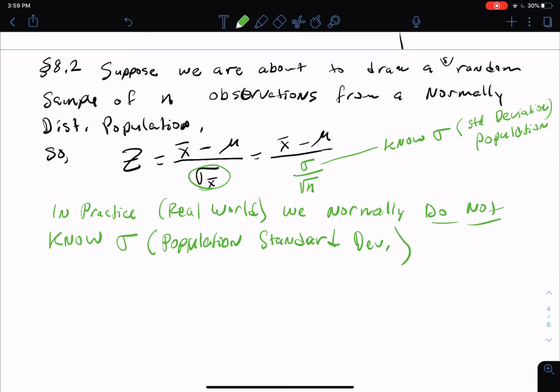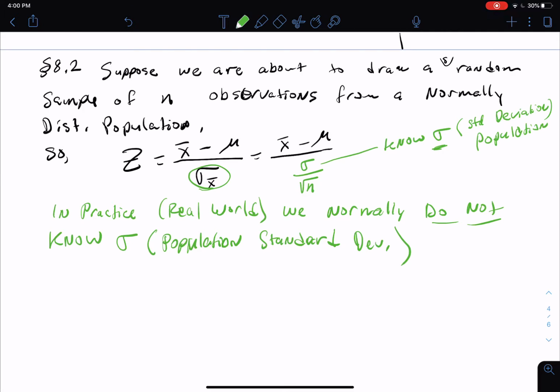If the population is so huge, like all males in the world, too huge to find our mu, it's probably also too large to find our population standard deviation. So very often the sigma is something we don't know.